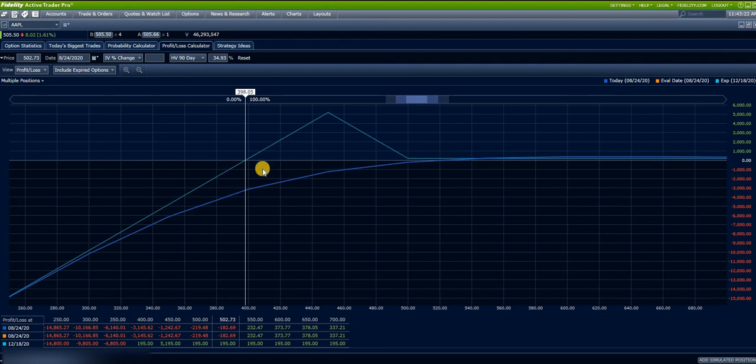Now let's look at the gain side, how much you are going to gain. Our maximum gain lies at the point at 450, the level where we make a $5,000 profit, and this is the area which is the green zone.